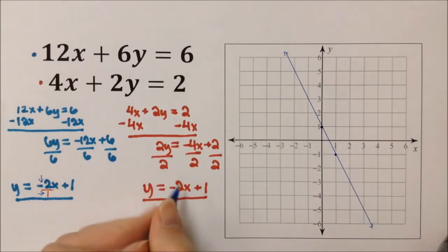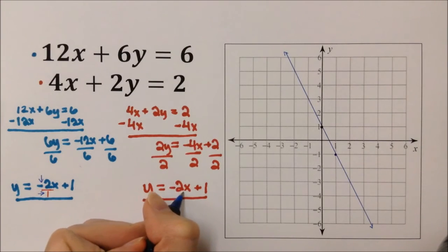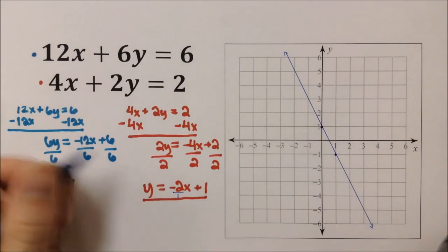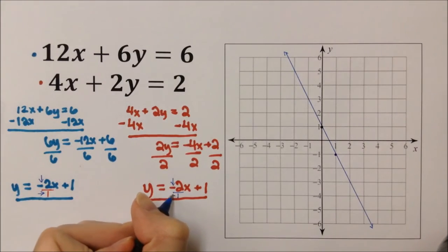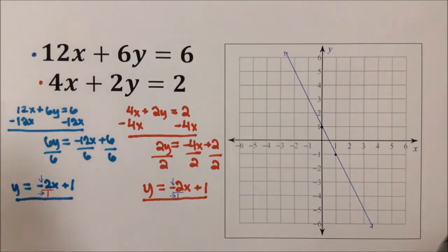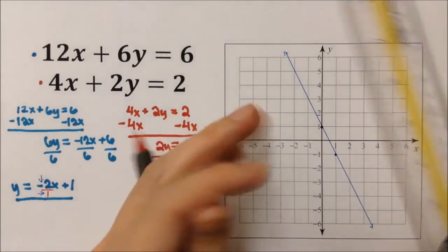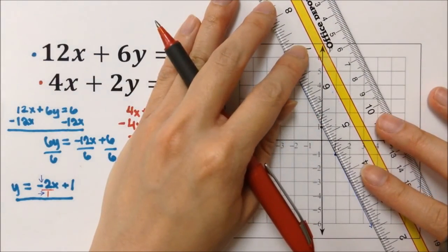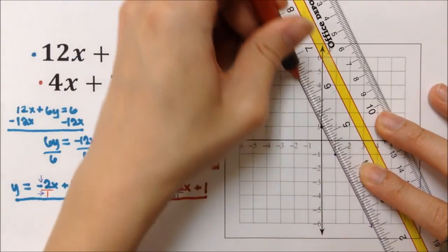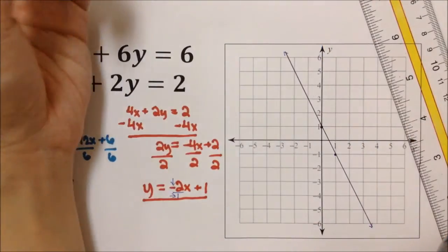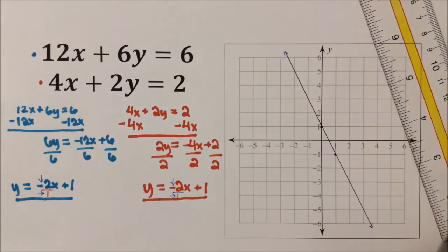And if I were to convert negative 2 into a fraction, put it over 1, and since it's negative, it's going to go down 2, right 1, it is going to be exactly the same as that one. So if I were to graph it, it would simply be another line on top of it, like so. So it'd be the exact same line.